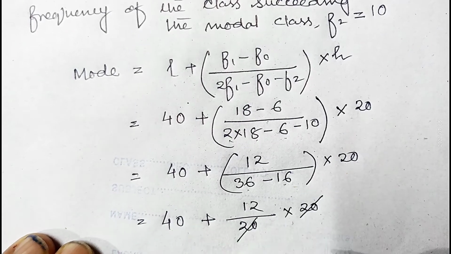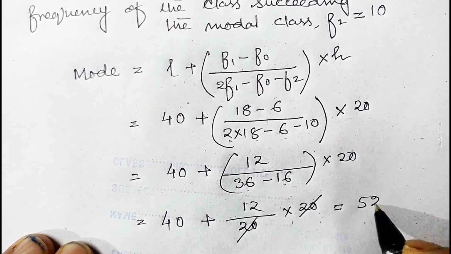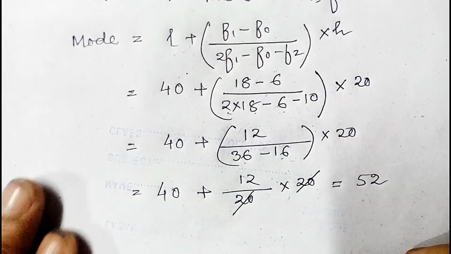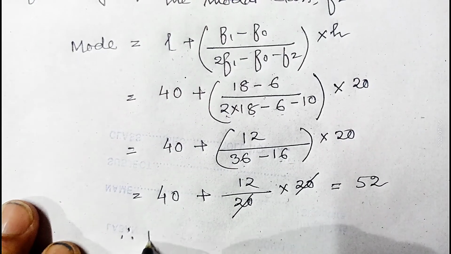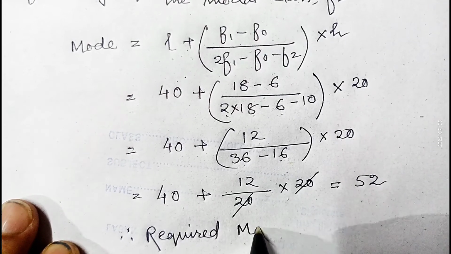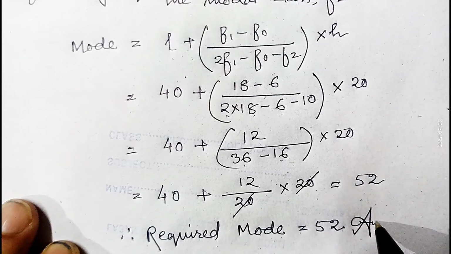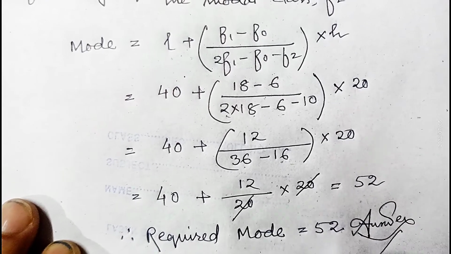This 20 and this 20 can be cancelled. So we got 40 plus 12, which is 52. Therefore the required mode is 52, and that is the required answer.